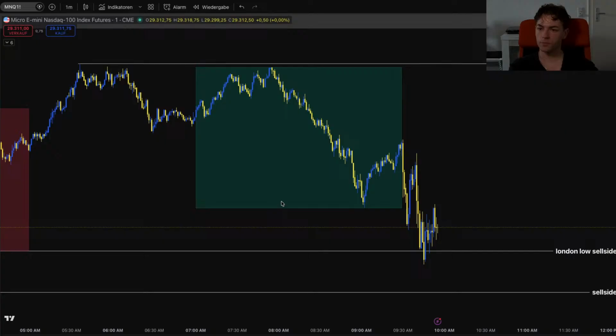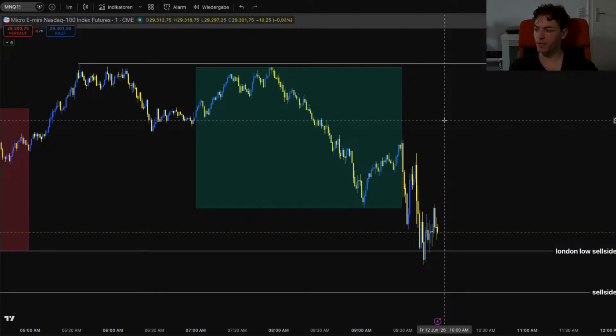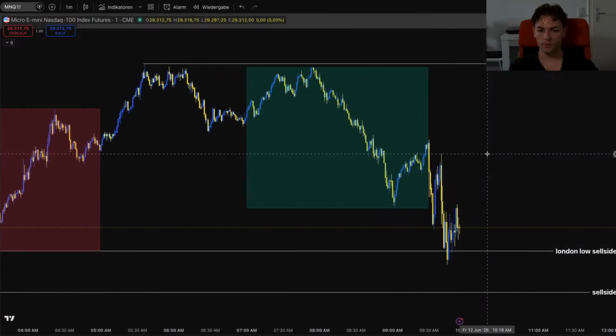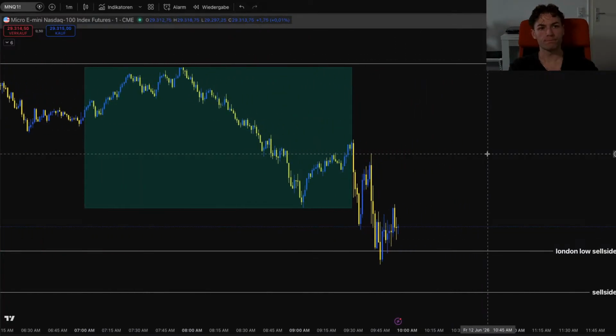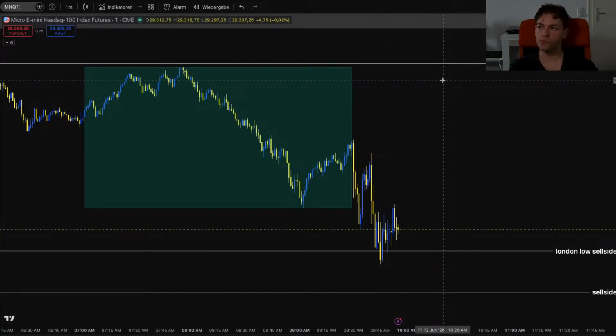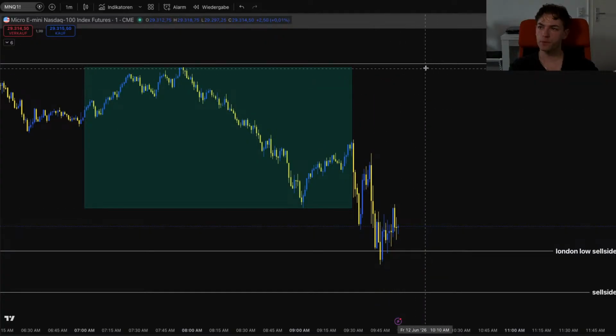In my opinion, that's not a game plan. I'm not looking to take a trade towards that high, but price could draw up into it. So we'll see.